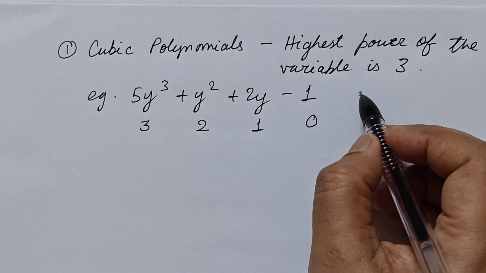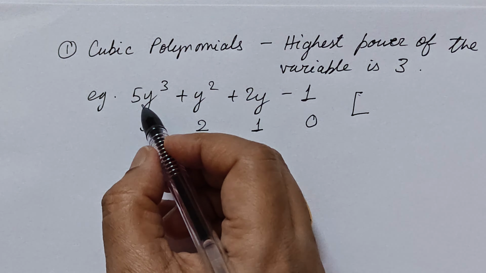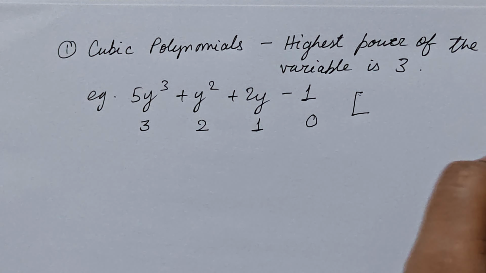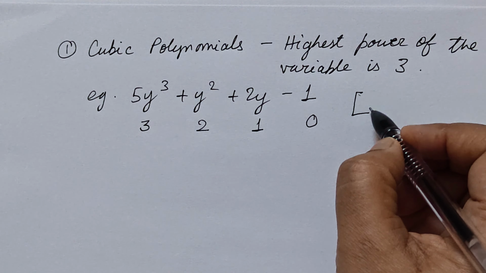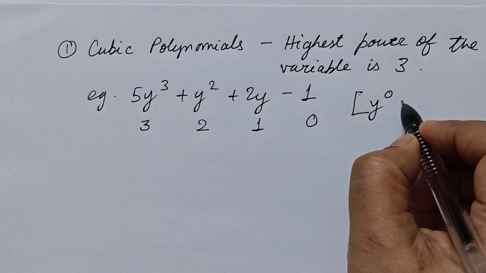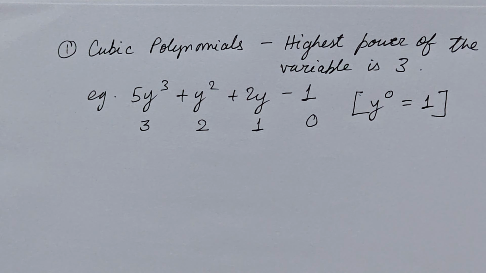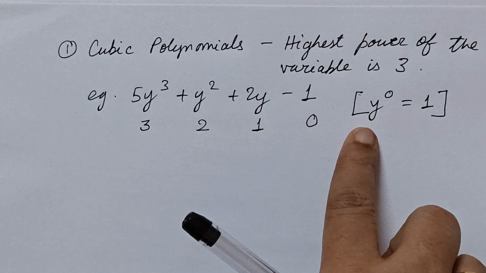How? I will explain. Any variable, like here the variable is y, or any number with the power 0 is equal to 1. This is the property of indices, or exponents. You have studied this earlier.